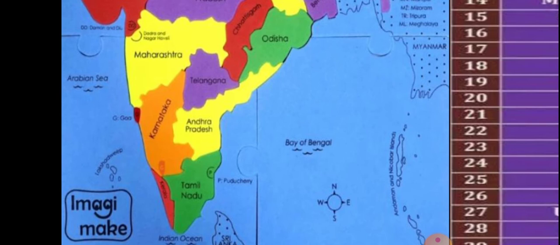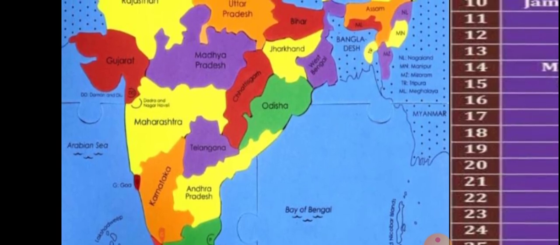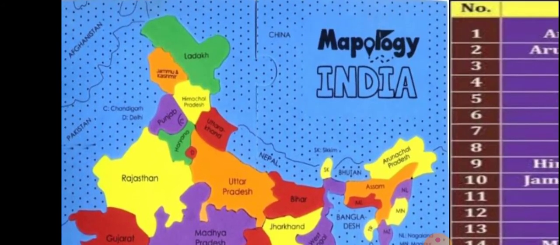India map. Tamil Nadu, Kerala, Andhra Pradesh, Telangana, Karnataka, Goa, Maharashtra, Odisha, Chhattisgarh, West Bengal, Jharkhand, Bihar, Madhya Pradesh, Uttar Pradesh, Gujarat, Rajasthan, Uttarakhand, Haryana, Punjab, Himachal Pradesh, Jammu Kashmir, Ladakh.